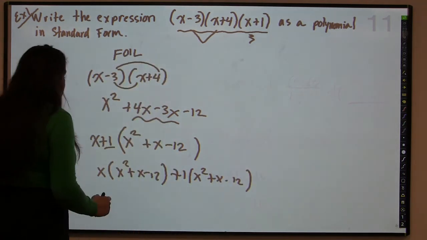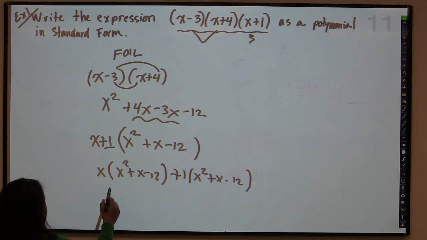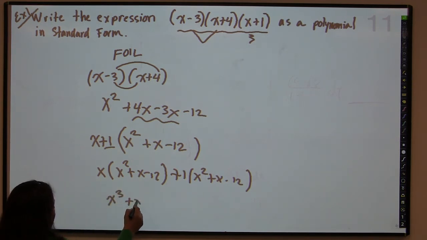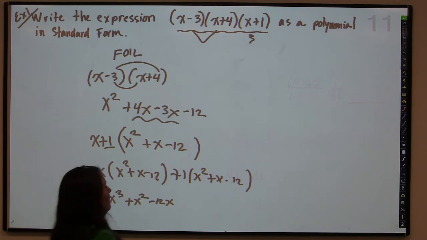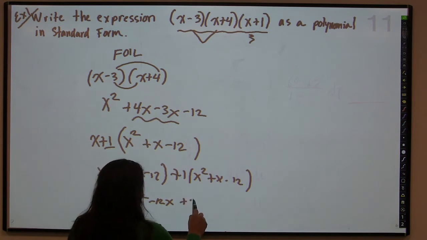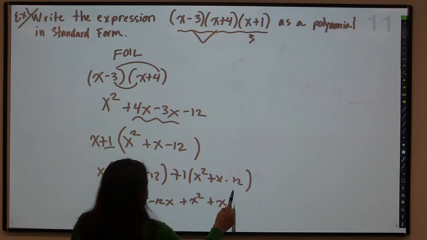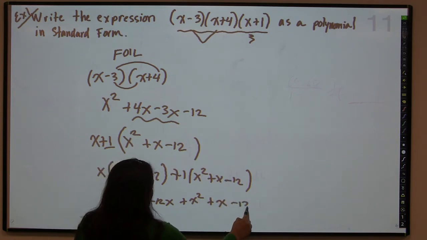Okay, so here we're going to have x times x squared is x cubed, x times x is x squared, x times negative 12 is negative 12x, and then we move on to this side, and we've got 1 times x squared is x squared, 1 times x is x, 1 times negative 12 is negative 12.